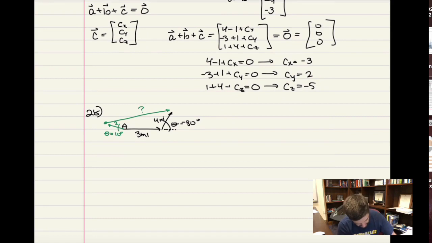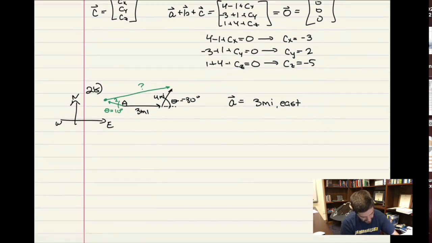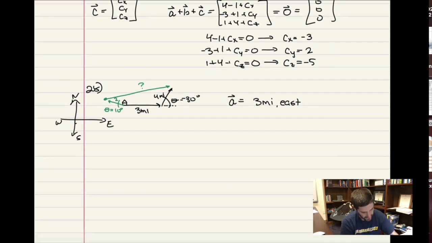All right, so I might start by giving some notation. So I might say the vector A is a vector that is 3 miles east, where I'm defining a coordinate system where east is positive, west is negative, north is positive, and south is negative, with my arrows representing which directions are positive, which are negative.